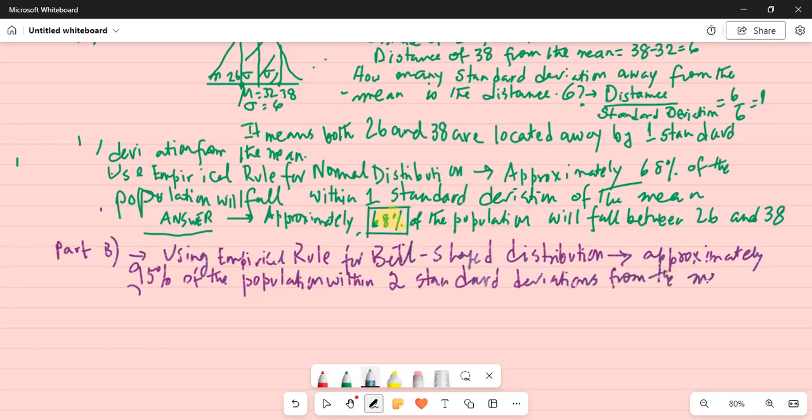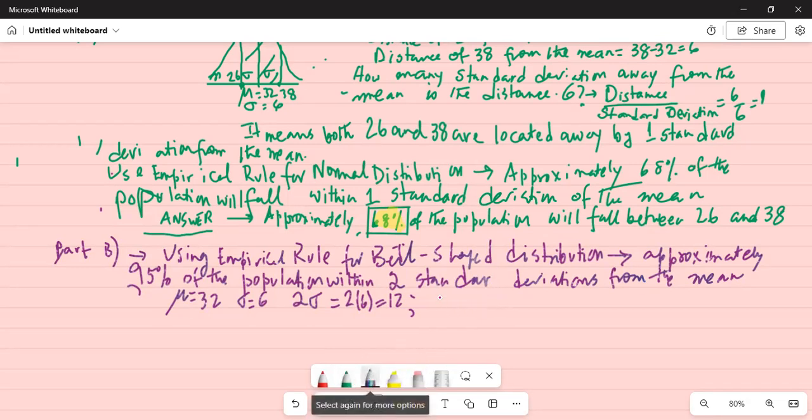Okay, so we know our mean is 32 and sigma is 6. So 2 times sigma will be 2 times 6, which is 12. So mu plus 2 sigma is equal to 32 plus 12, which is 44.